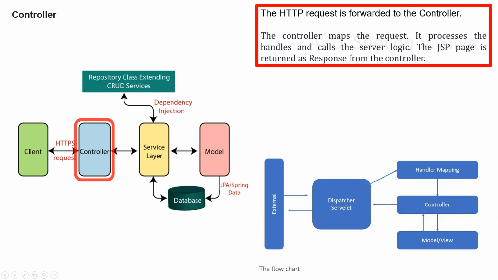This annotation tells that this is a controller, and inside this we can write our different HTTP endpoints which are required. In this video we will see the internal working of the controller, especially in Spring Boot, with one flow diagram here.